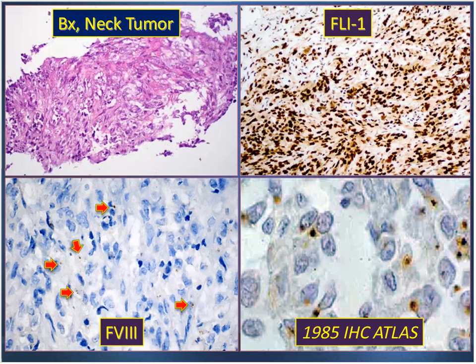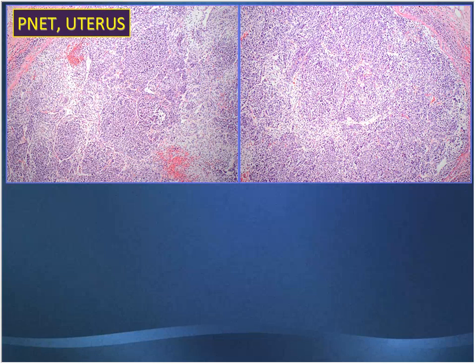As I mentioned, in addition to endothelial tumors, Ewing sarcoma and PNET can be positive for FLI1 in more than 90% of the cases. And this is particularly useful in areas where PNETs are not commonly seen, such as this one in the wall of the uterus.